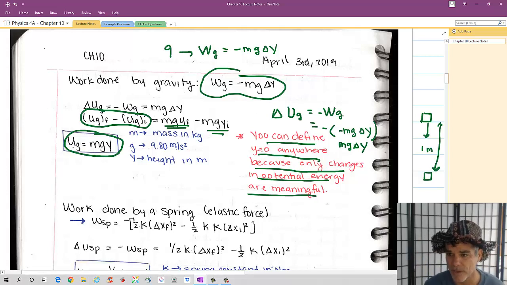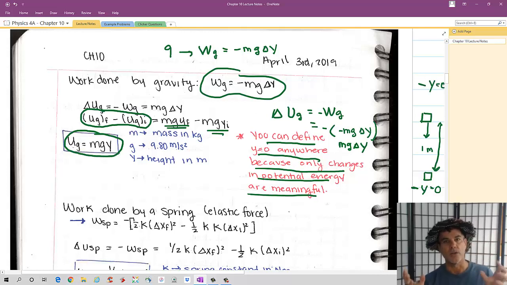It doesn't matter if I define my y equals 0 to be at the ground or at a different spot. It's always losing the same amount of potential energy as it falls 1 meter. So all that matters is how much the potential energy changes, which means we can define y equals 0 anywhere.